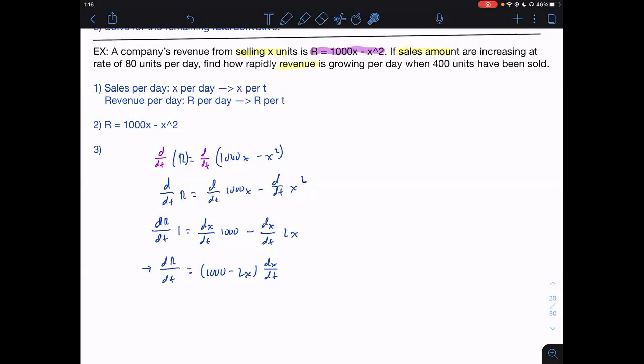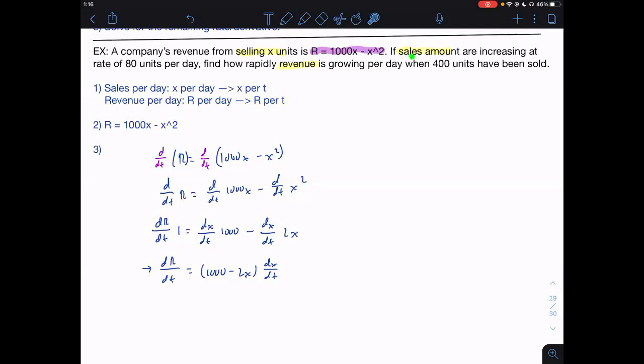that we're trying to solve for. Let's see, what are we trying to find here? Use a different color. Let's see what's given to us. The company's revenue from some x amount of units is this equation.